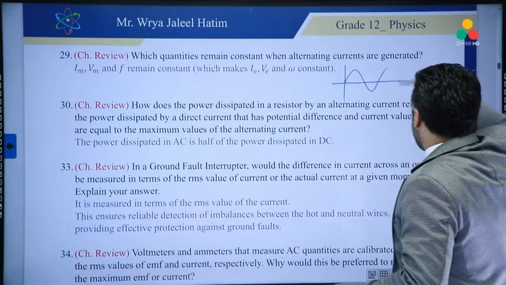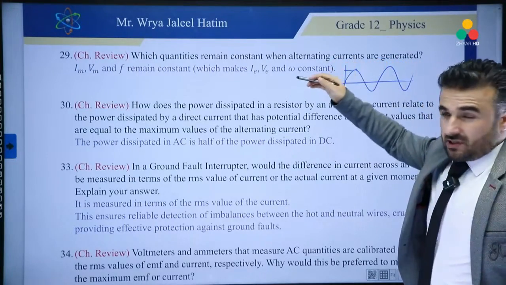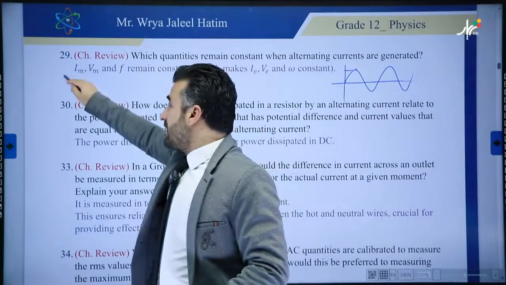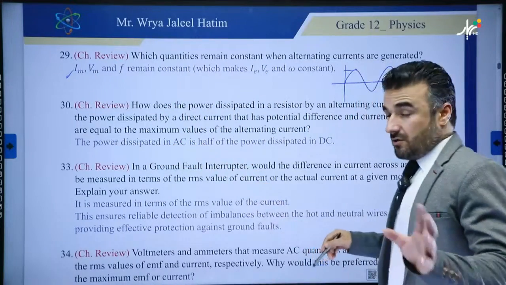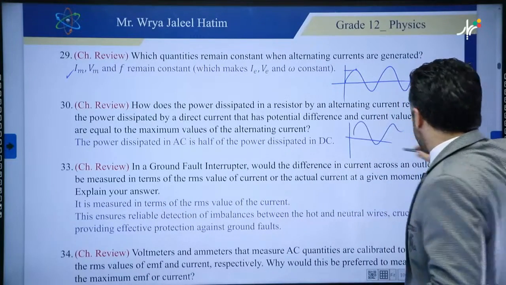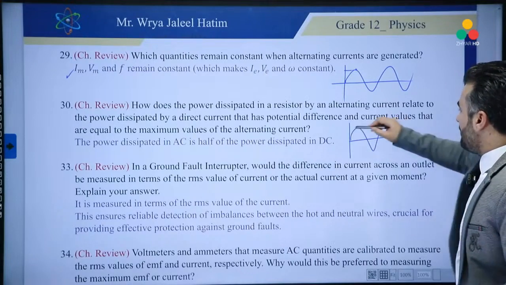So this is what we have, yeah? Take a look here. When we have a maximum value, these are always constant, yeah? That's one thing. So we can say the maximum current that is generated or produced is constant, which is the same thing for the voltage, by the way. We can draw the same thing for the voltage, yeah? So these are basically constant.